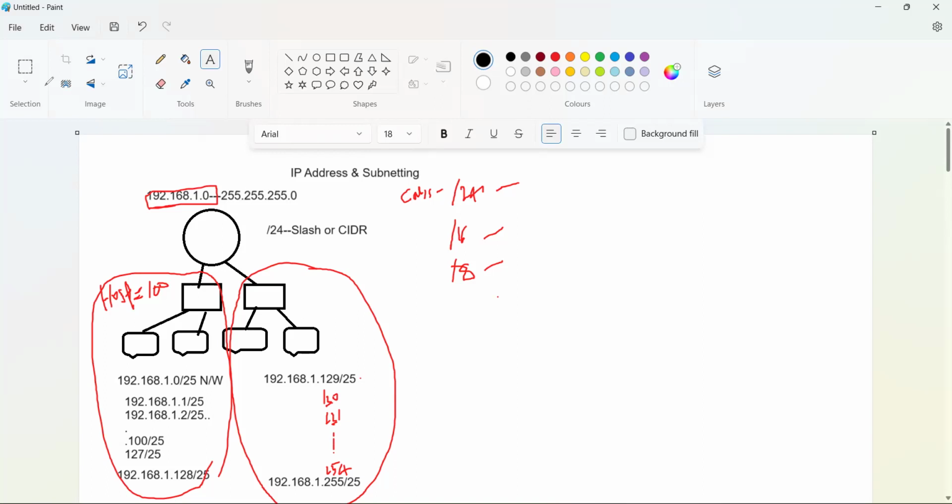My requirement is 100 users for one LAN and 100 users for the other LAN, because I have only one IP address. In real time, in your organizations, they have multiple branches and multiple users. That is the reason they don't want to waste those IP addresses.